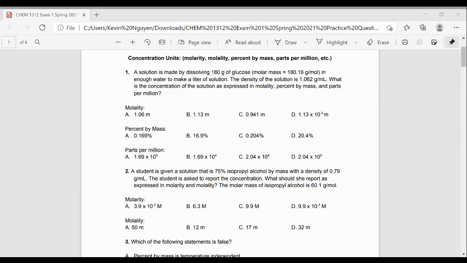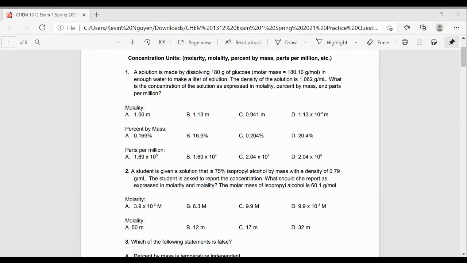The first one says a solution is made by dissolving 180 grams of glucose, which has a molar mass of 180.16 grams per mole, and basically enough water to make 1 liter. So we have 1 liter of the solution.